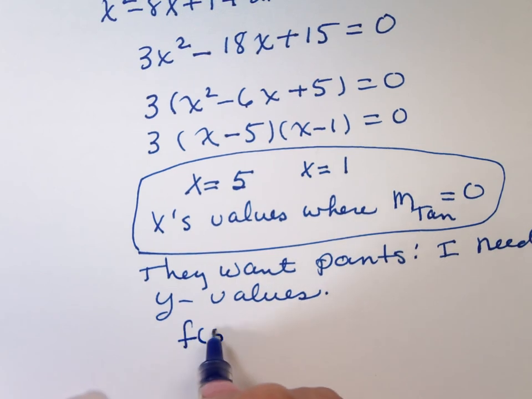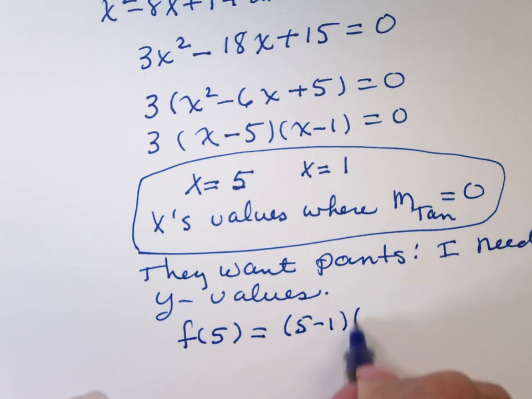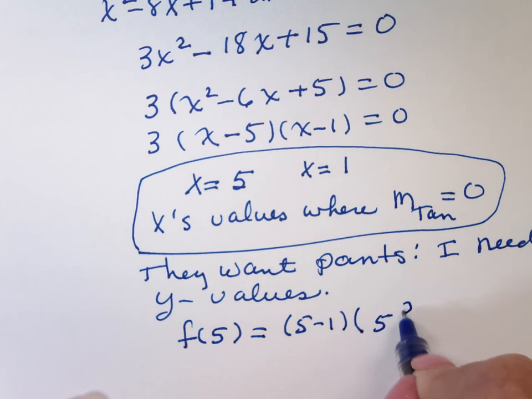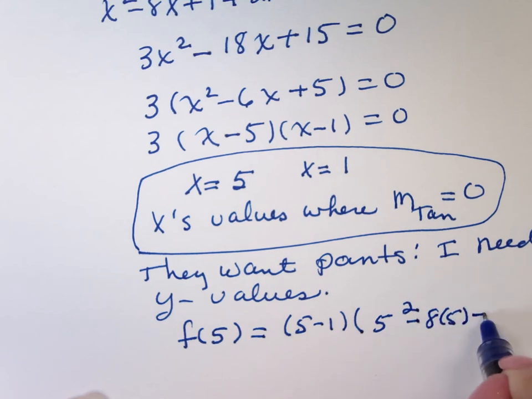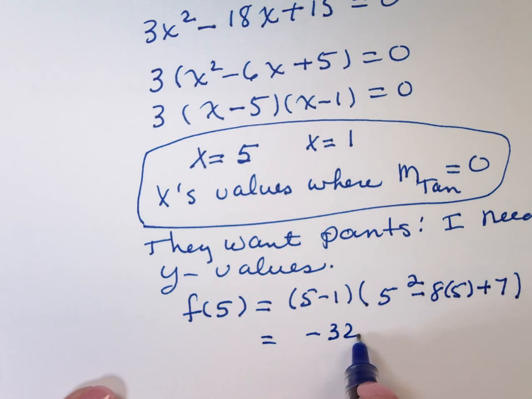So I'm going to be looking for f of 5, which is going to be 5 minus 1 times 5 squared minus 8 times 5 plus 7. And since I did this problem last hour, it's negative 32. It's not that I'm that smart.